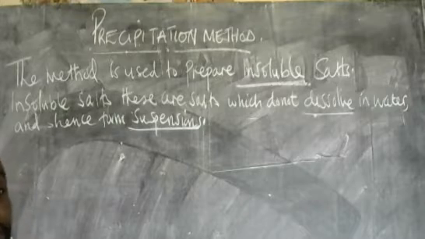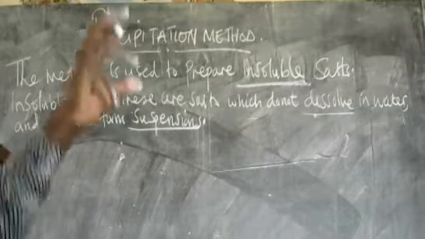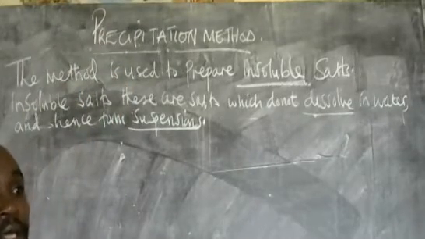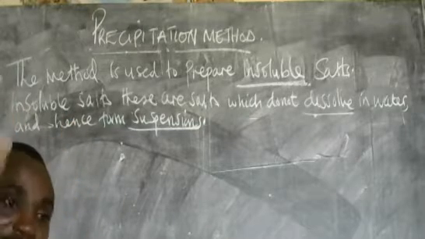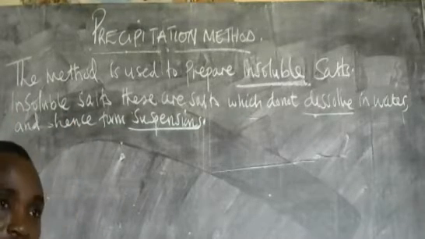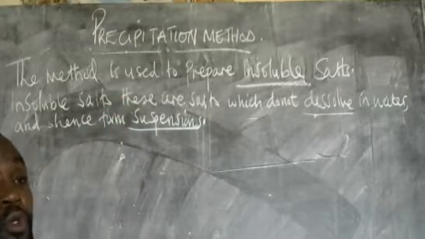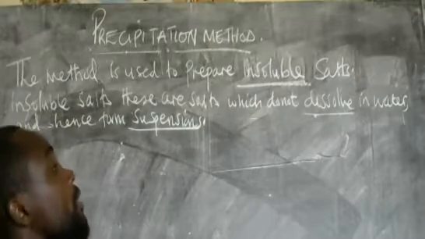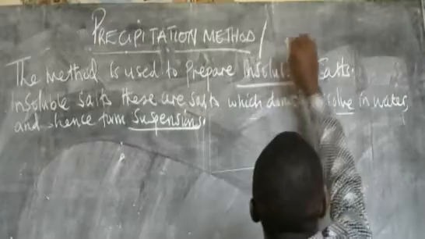So when you get an insoluble salt and put it in water, it will not dissolve. You will see the whole liquid having particles suspended throughout it. If you leave it to stand, those particles will settle down. So preparing those salts, we use the precipitation method, or this method can be called double decomposition.